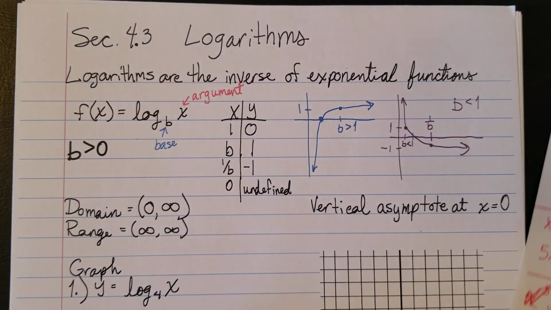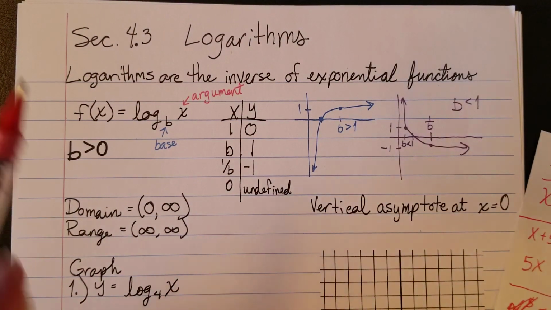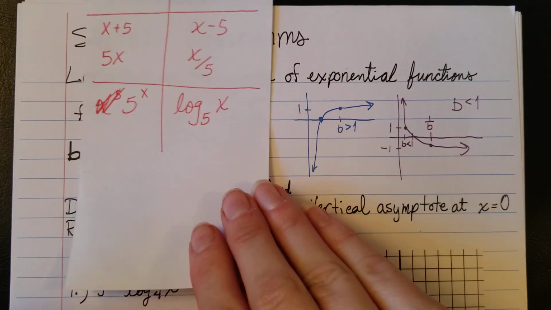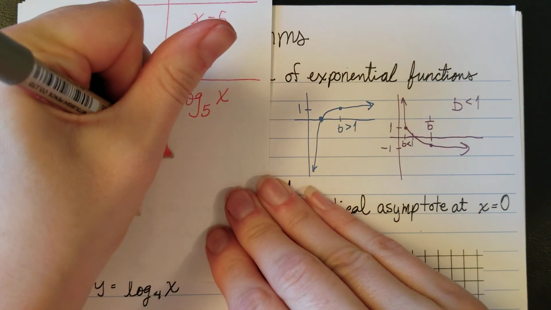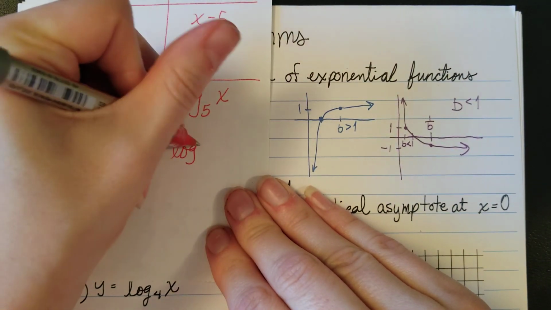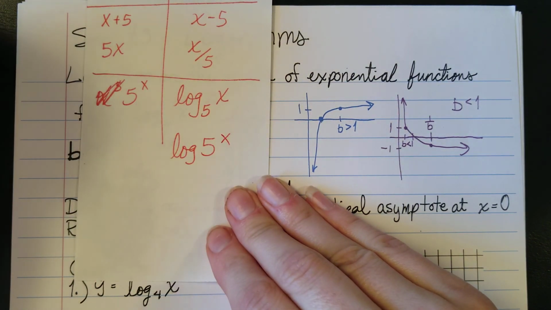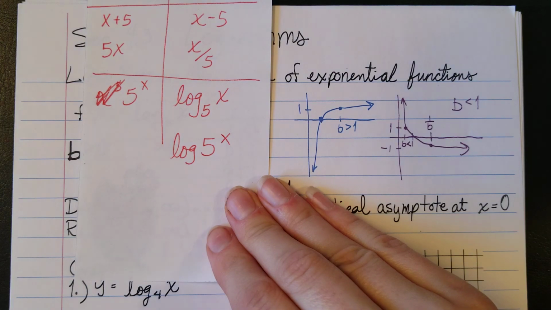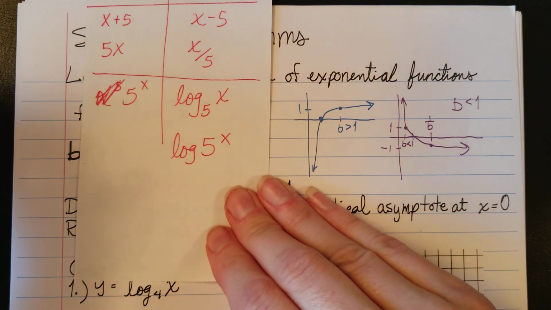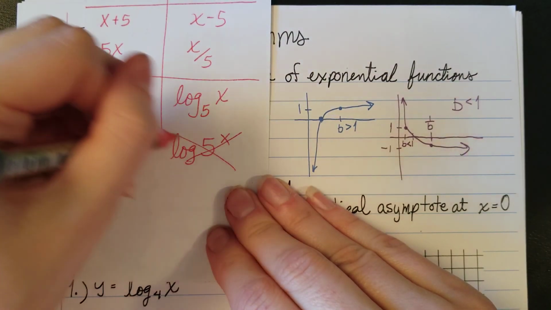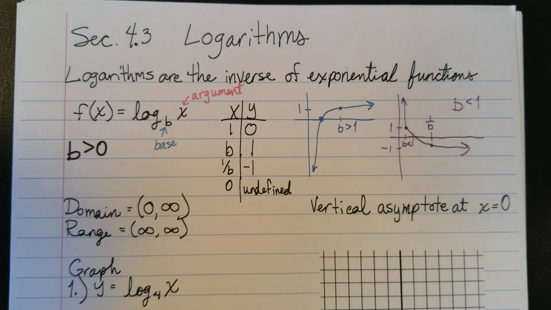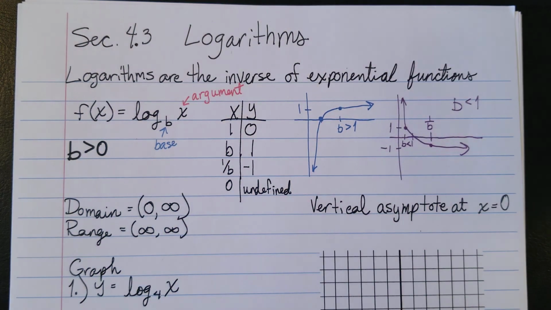I have a pet peeve: a lot of times I'll see students write, instead of log base 5 of x, something different, which has a completely different meaning from log base 5 of x. The base always has to be a positive number greater than 0.